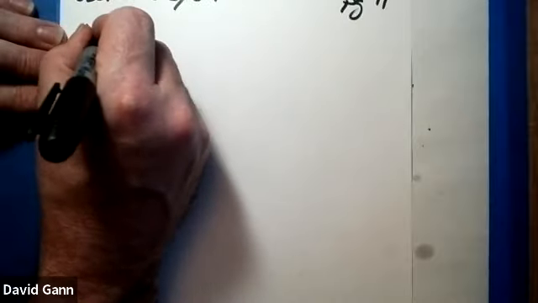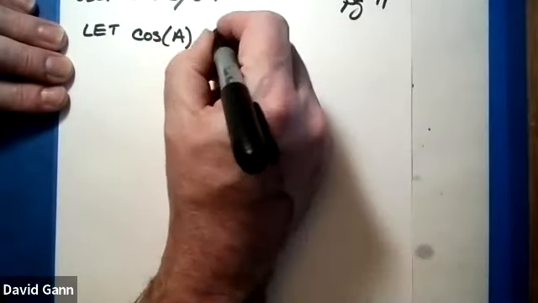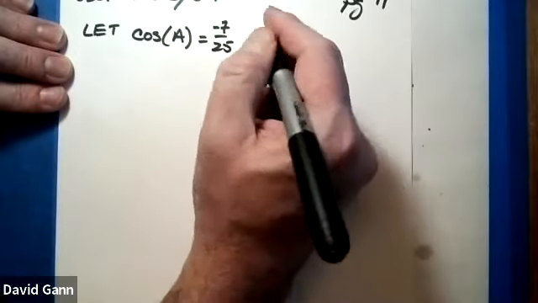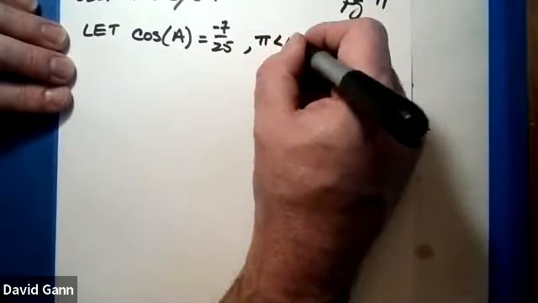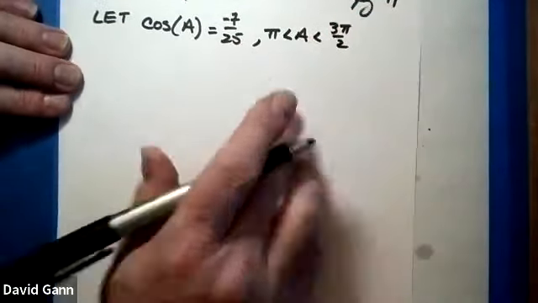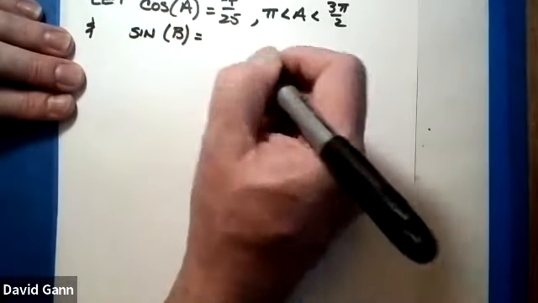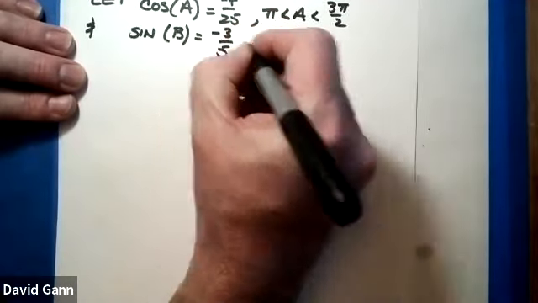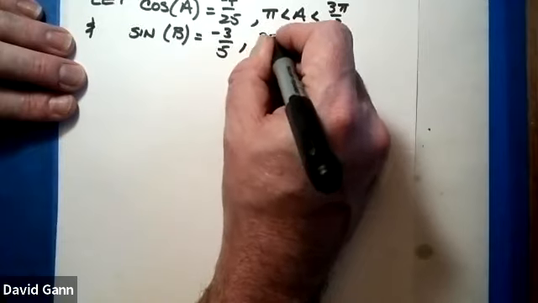Let's state it this way: let cosine of A equal negative 7 over 25, where A is in quadrant 3, and sine of B equals negative 3 over 5, where B is in quadrant 4.